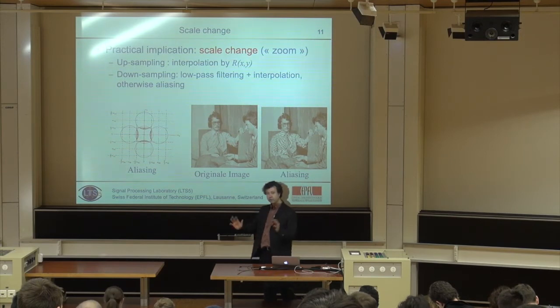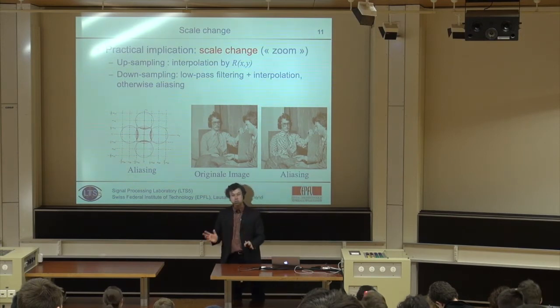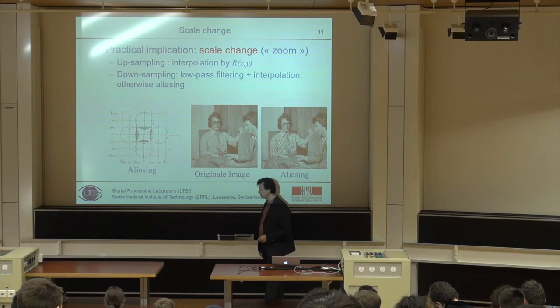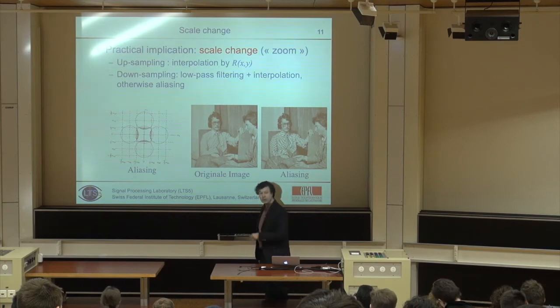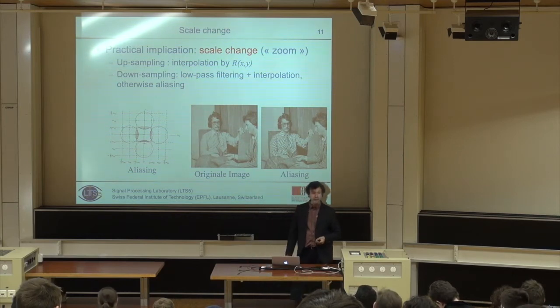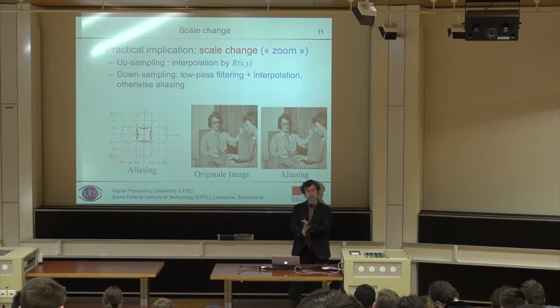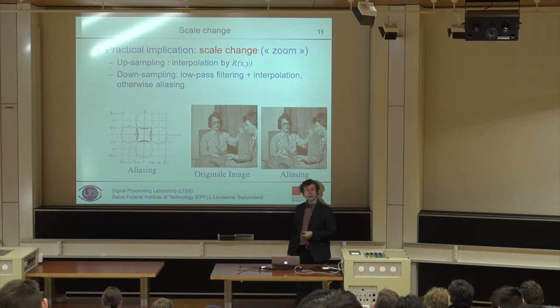You have to know it if you want to implement that in, I don't know, a GPU or in an embedded system. And the solution for that, you know it, is to do a low-pass filtering of your image before that to make sure that the highest frequency of your image after downsampling remains compatible with the frequency that you are choosing, so the sampling that you want to do now.